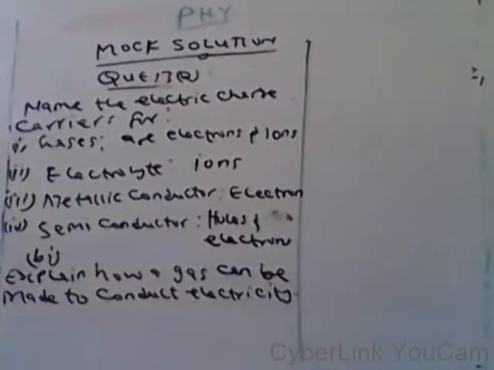So gas also conducts electricity, but for a gas to conduct electricity, the pressure of that gas must be very low, and that same gas must be connected to a high potential difference. So the simple answer to that question is that when the pressure of the gas is low and a high potential difference is connected to it, the gas is going to conduct electricity.